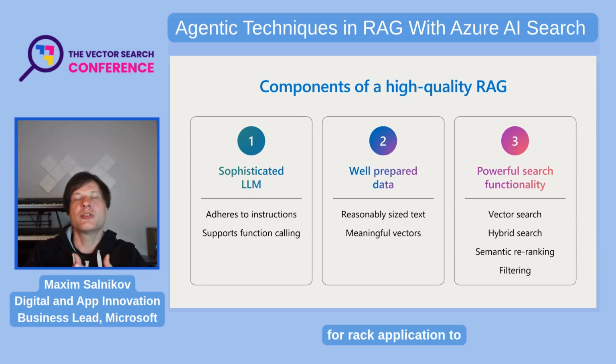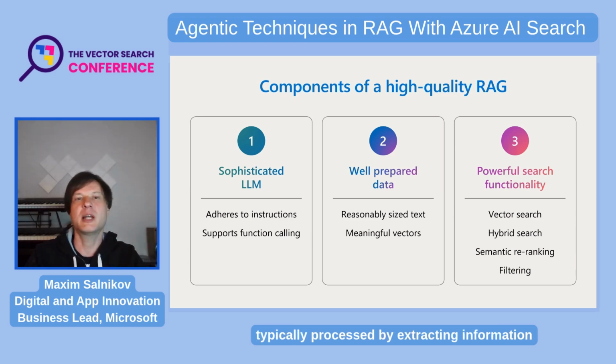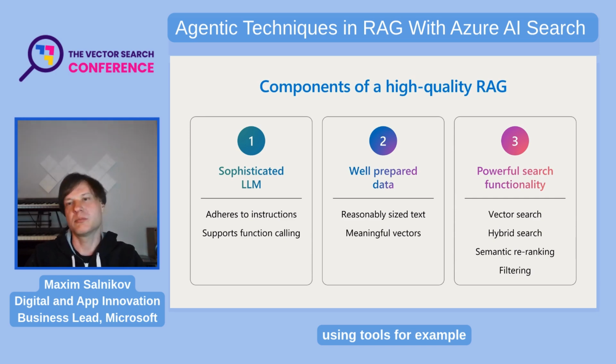For RAG application to perform efficiently, we need to have certain elements in place. First of all, capable LLM. LLM that adheres to instructions, and good idea to have the one that supports function calling. Then, well-prepared data is vital. Documents, for example, HR policy PDFs, like in our example, are typically processed by extracting information using tools, for example, like Azure Document Intelligence.